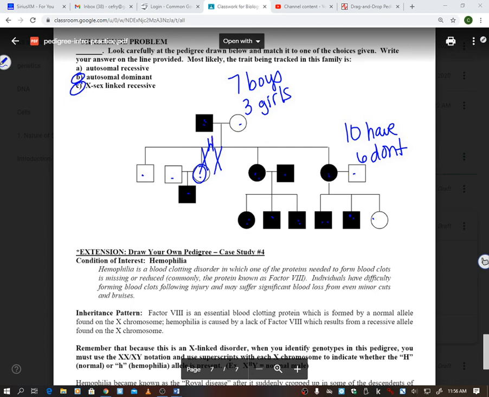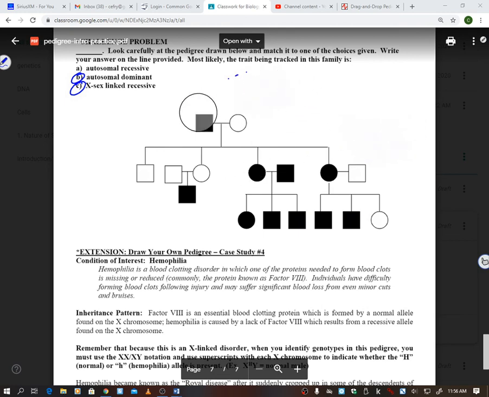If it were dominant, dad would give her a capital H, right? Mom would give the lowercase, which would mean she would be colored in, but she's not. So it must be sex-linked recessive, is what I would think. It's just analyzing these, looking at them. What do you think?